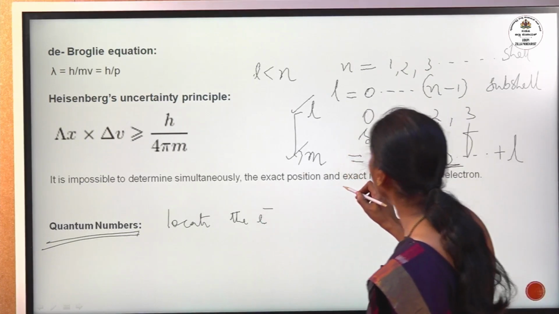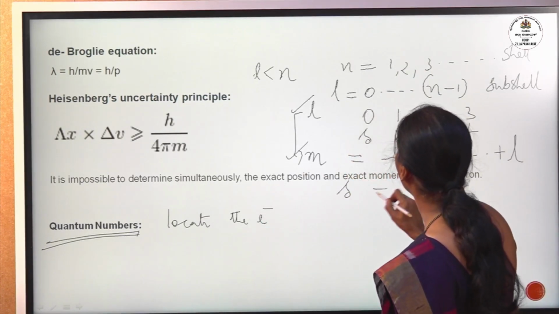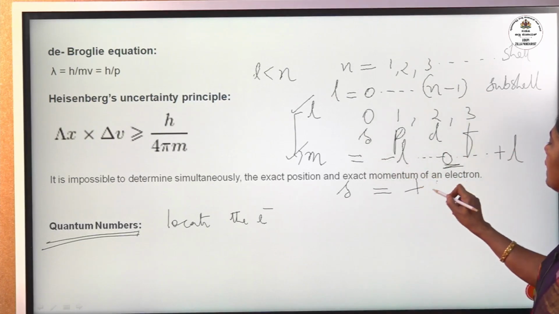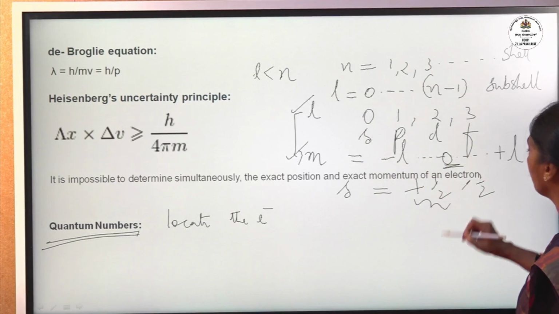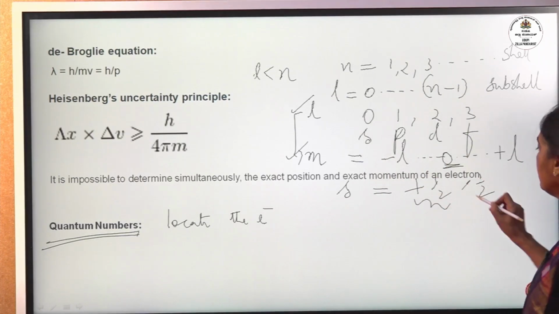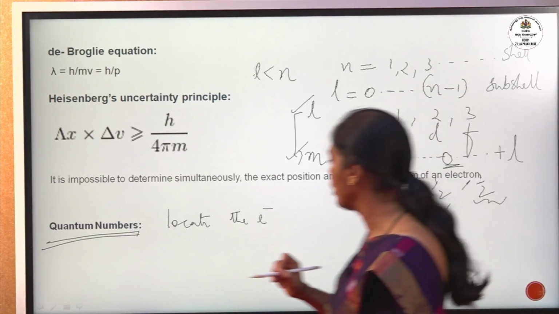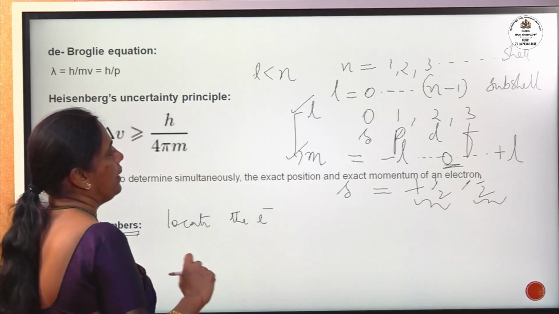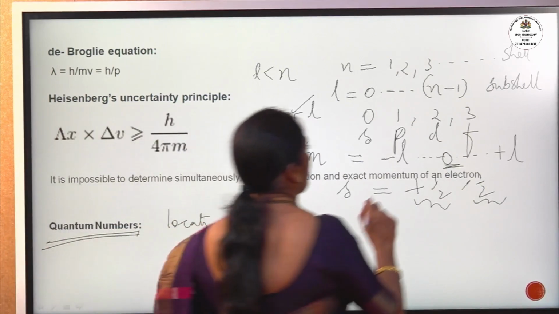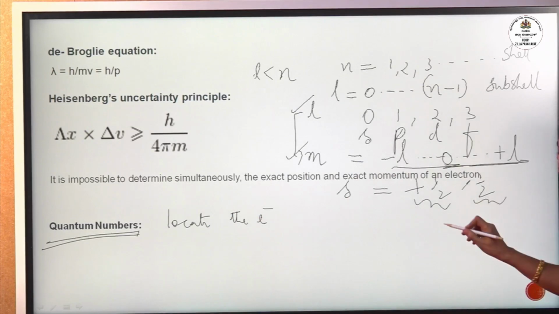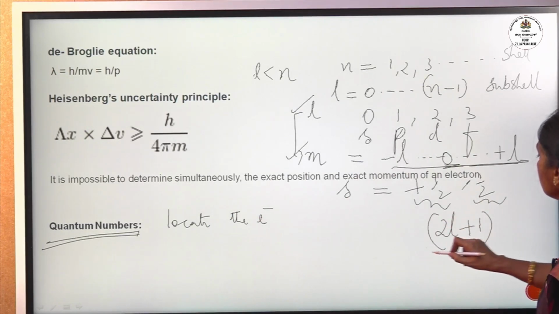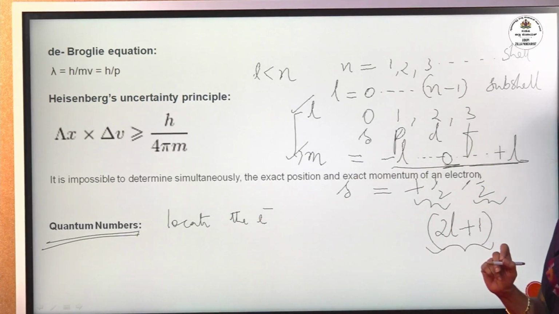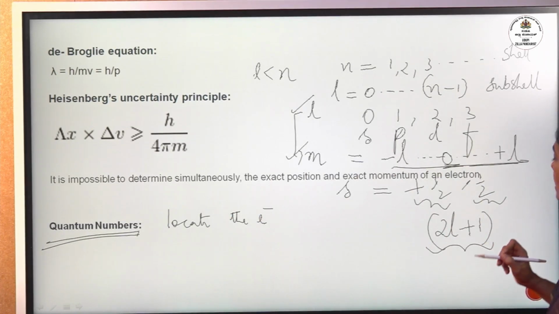Next, the spin quantum number can have 2 values, plus half, minus half, depending on whether the electron revolves in the clockwise direction or anti-clockwise direction. Now the magnetic quantum number value gives us the number of orbitals present in a subshell.